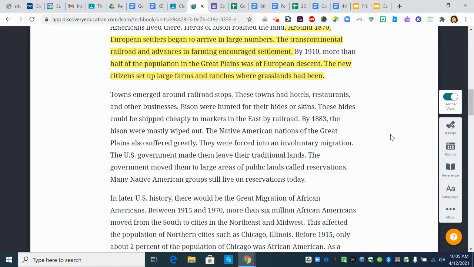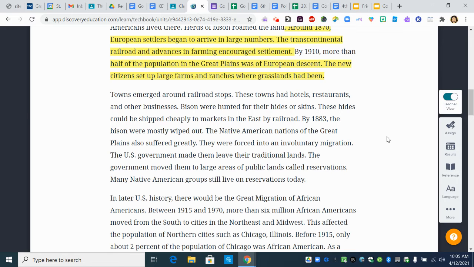Towns emerged around railroad stops. These towns had hotels, restaurants, and other businesses. Bison were hunted for their hides or skins. These hides could be shipped cheaply to markets in the East by railroad. By 1883, the bison were mostly wiped out. The Native American nations of the Great Plains also suffered greatly.